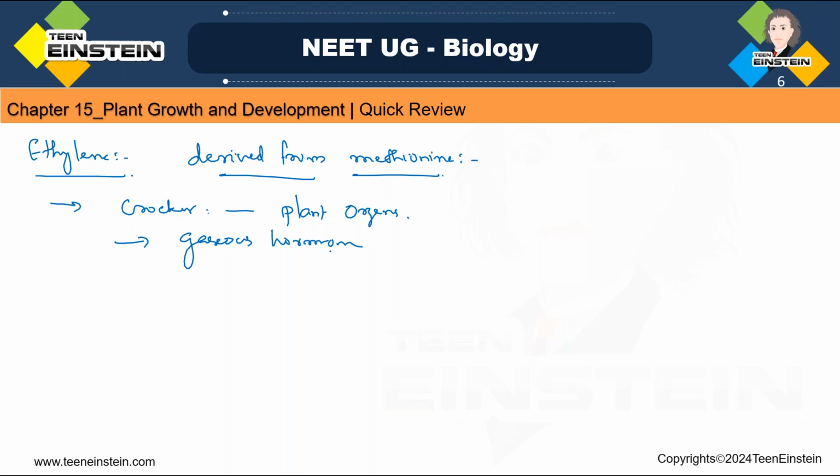And where is it located? This ethylene is located at roots, shoots, apical meristems, leaf nodes, and ripened fruits. Everywhere it is located.